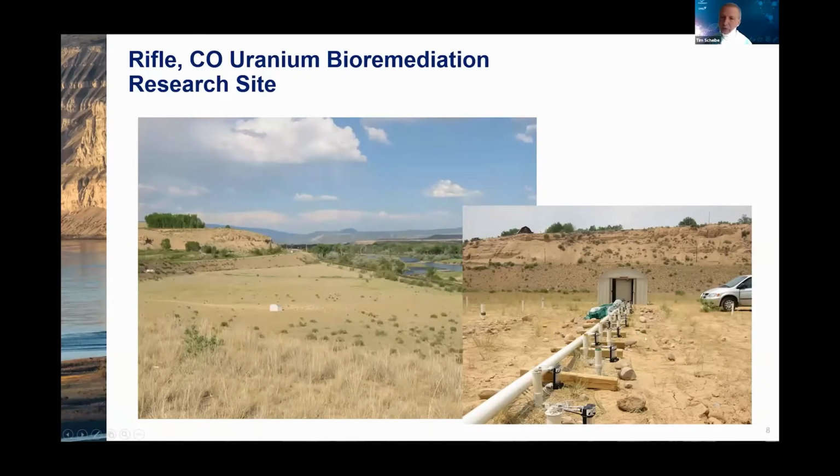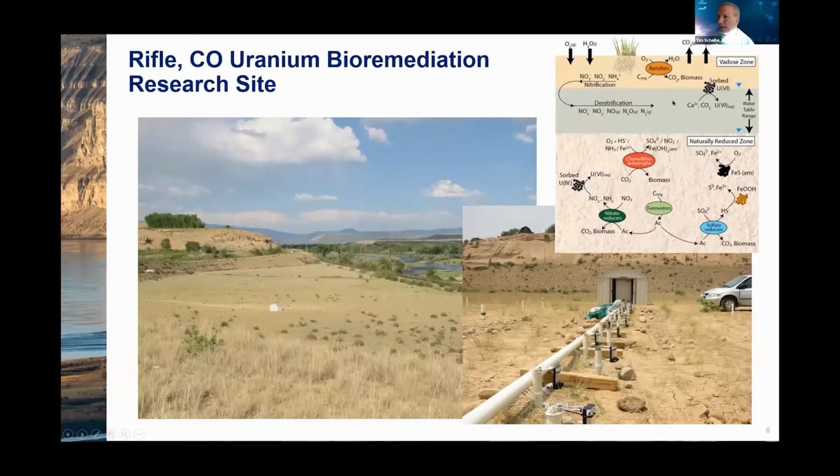And then those microbes, when they're doing their thing, reduce uranium, which changes it from a relatively soluble oxidized state to a relatively insoluble mineral phase that it exists in the reduced state. There are many other reactions, of course, that happen in this context.